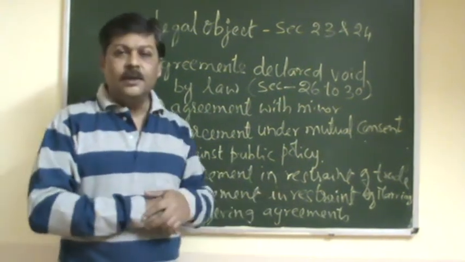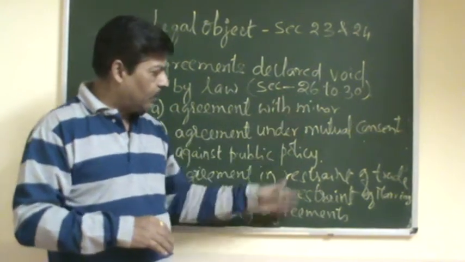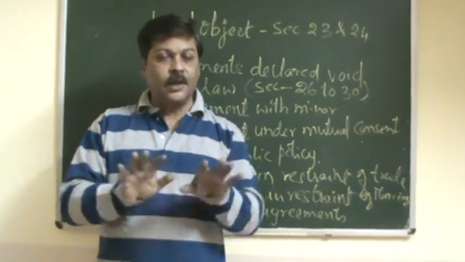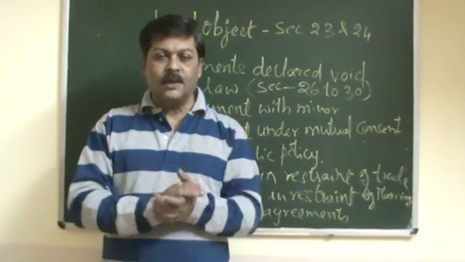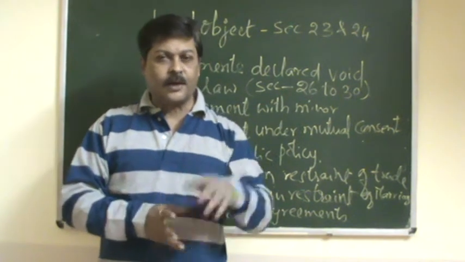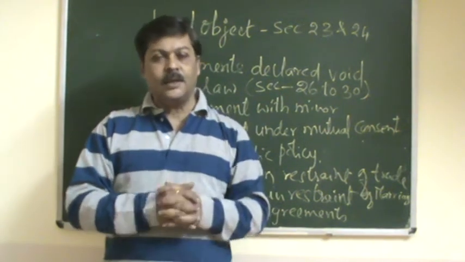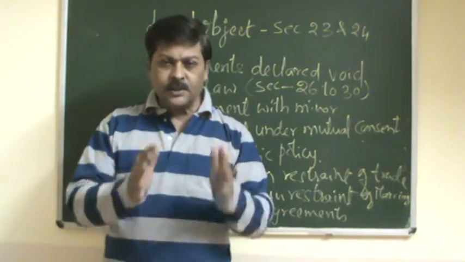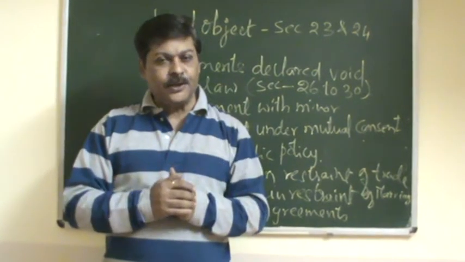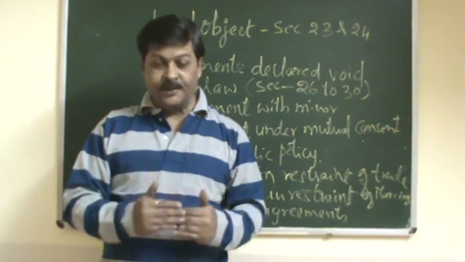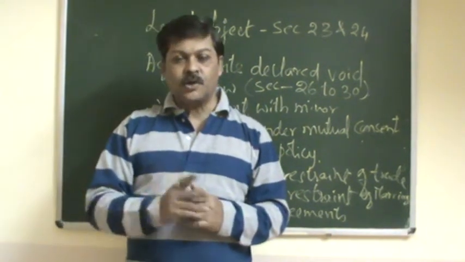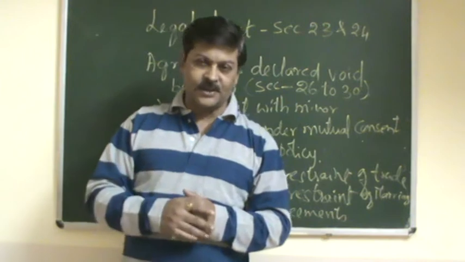So which are the instances there? Suppose any of these instances come which are forbidden by the law, then the agreement will not lead to a contract, or it is not a valid contract, and it is not enforceable in the court of law. These aspects we are going to discuss, and this will mainly conclude the elements. Then I will be discussing two very important things, contingent contracts and quasi contracts, in my next class.